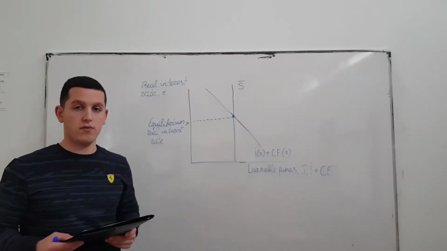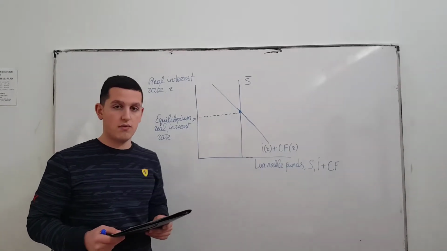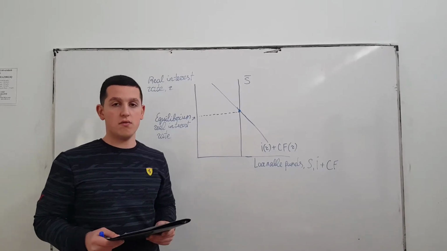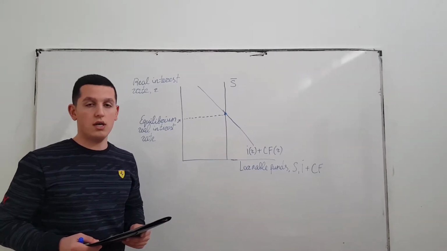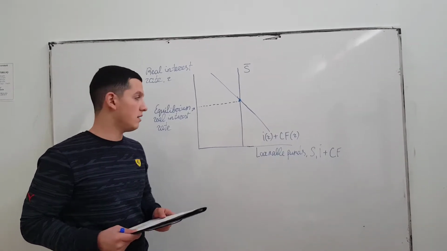This shows the market for loanable funds. The supply of loanable funds is national saving, and the demand for loanable funds is some demand for domestic investment and some demand for foreign investment. The interest rate adjusts to balance supply and demand.